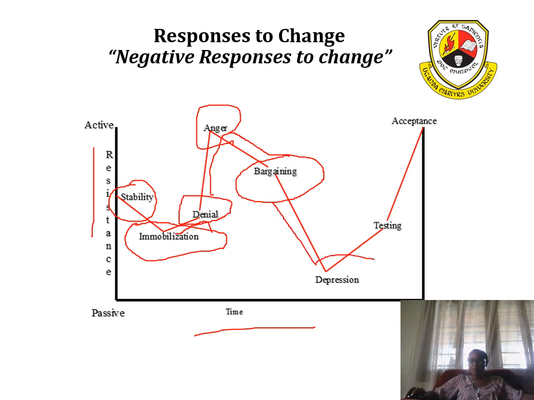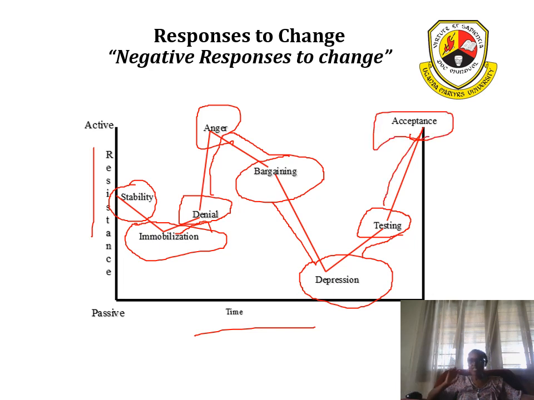This new change normally comes with depression, of course, and this depression must be handled. Try out, test out the system. Like I said, maybe in a new environment. Test out the new system. And once people begin to see it works, then you have acceptance.